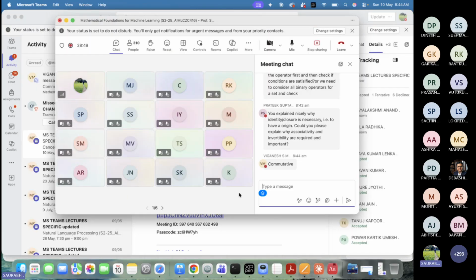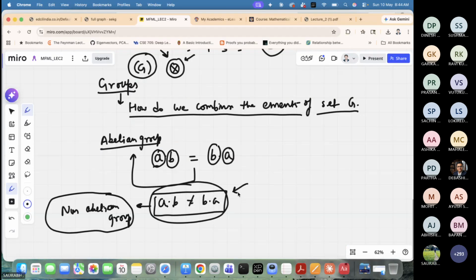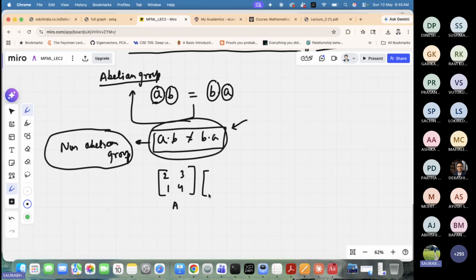Matrix. Exactly. So think of two matrices, both 2 cross 2, for example. 2, 3, 1, 4. Let's say this is matrix A. And then you have another matrix, let's say 3, 5, 1, 6.